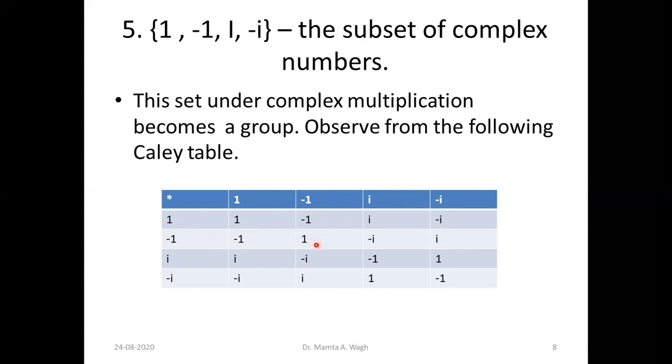Minus 1 into minus 1 is 1. Minus 1 into iota is minus iota. And minus 1 into minus iota will be iota. Then third, we are multiplying with iota. Iota into 1 is iota, iota into minus 1 is minus iota, iota into iota is iota square, and iota square is minus 1, because the operation is complex multiplication.